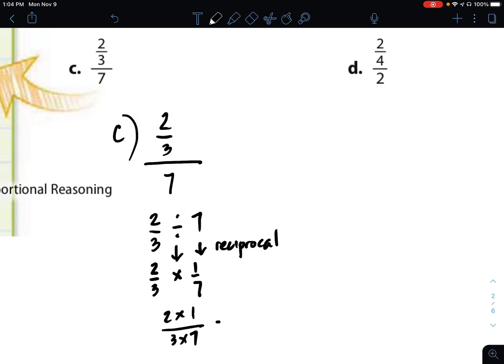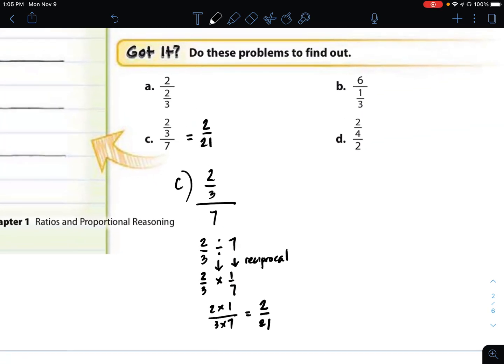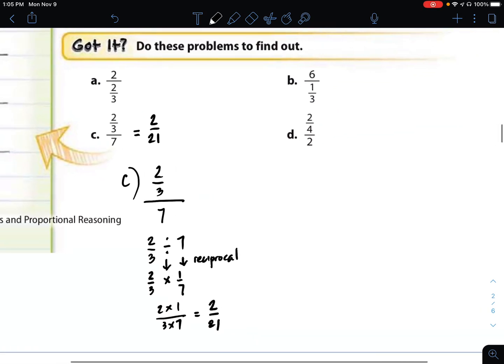I don't see anything that can be cross-canceled, so this becomes 2 over 21. So 2/3 over 7 is the same as 2 over 21 in simplest form. Now please do A, B, and D on your own.